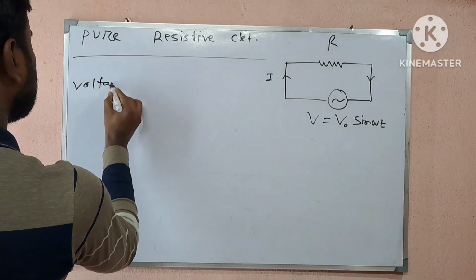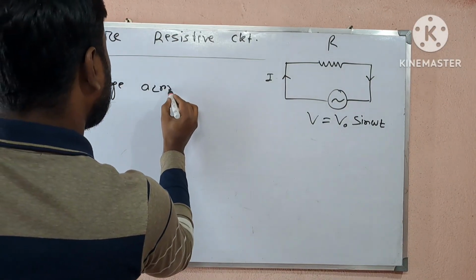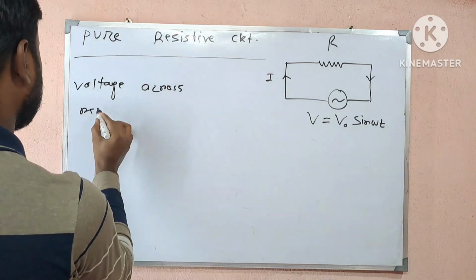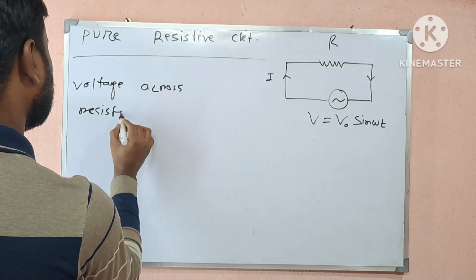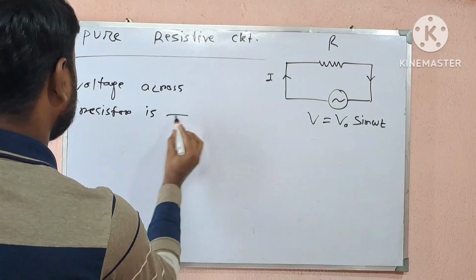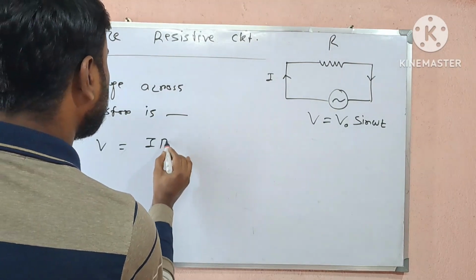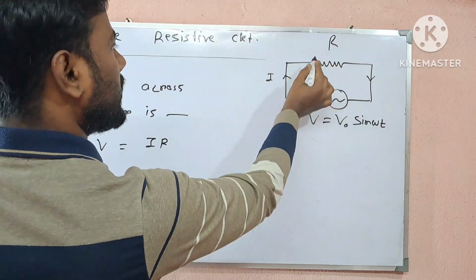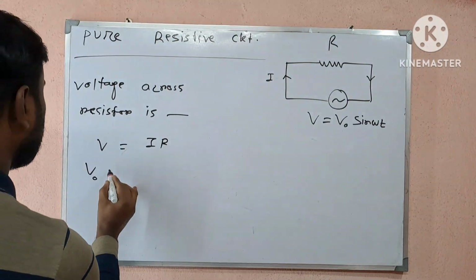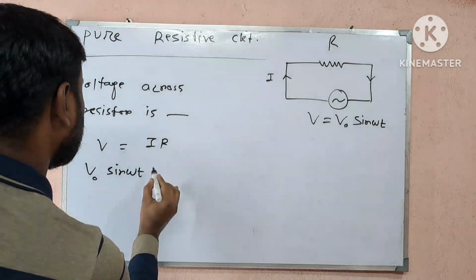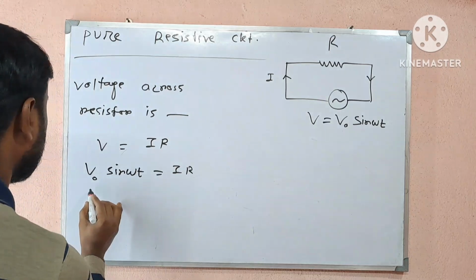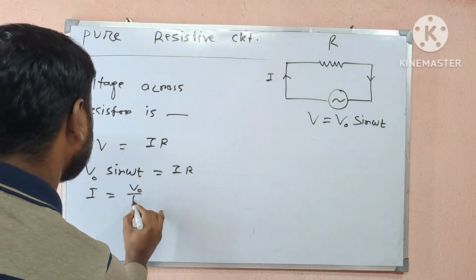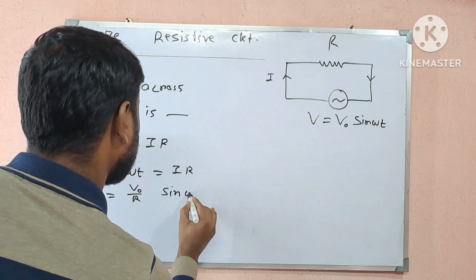Here the voltage across the resistor is V equal to IR, because at any instant t, I is the current flowing through the resistor. So we can write V0 sin omega t is equal to IR. Now we can write I equal to V0 by R sin omega t.